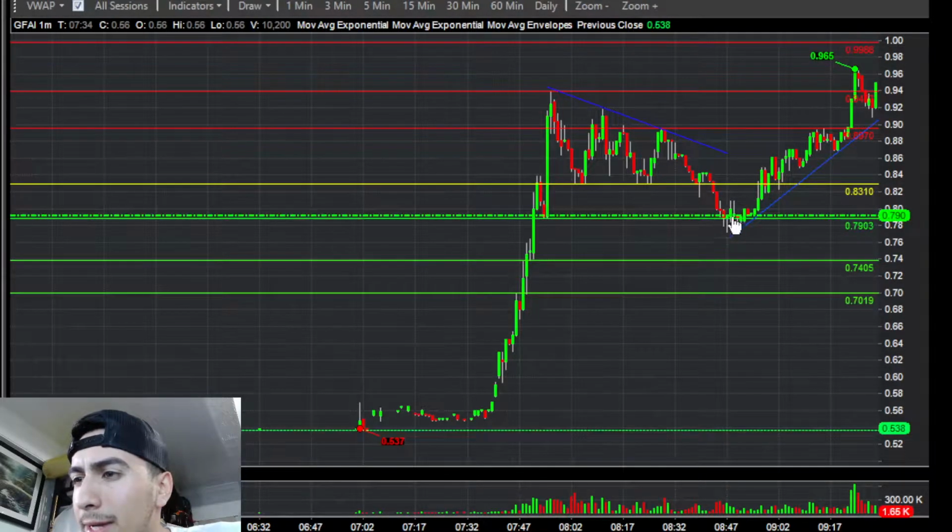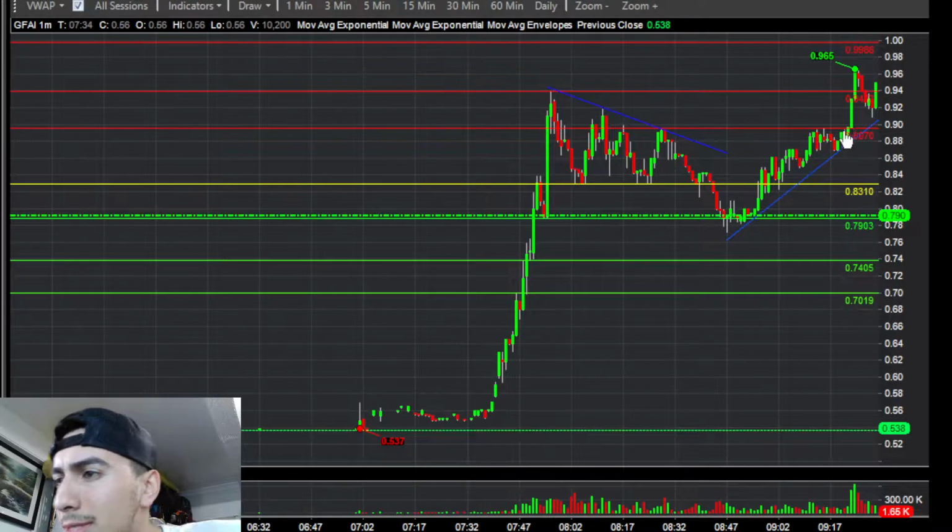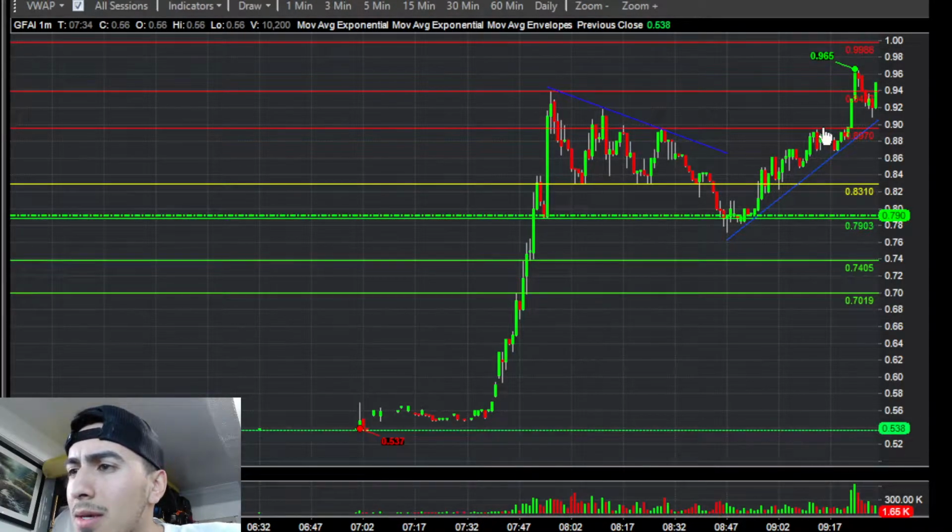You can see when it broke that 83, held, and then reclaimed, and then it starts heading up. You see how it uses that previous resistance, 89-90 cents right here. Then it starts to break out, and you got this increase in volume right here, as you can see.